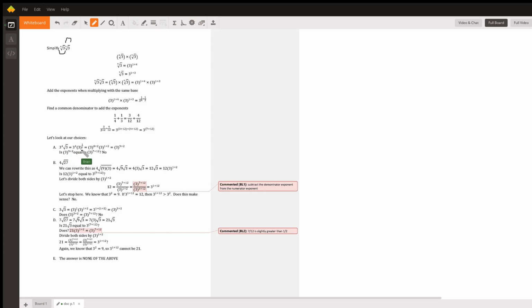to the 1/2. We're multiplying two numbers of the same base, so add the exponents.